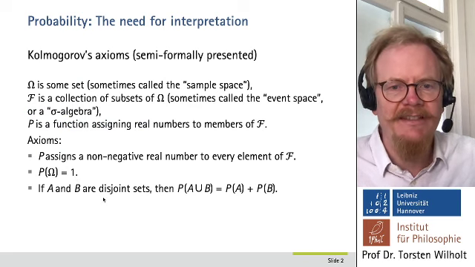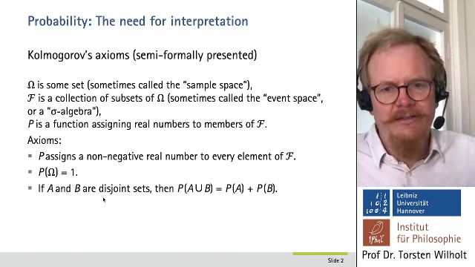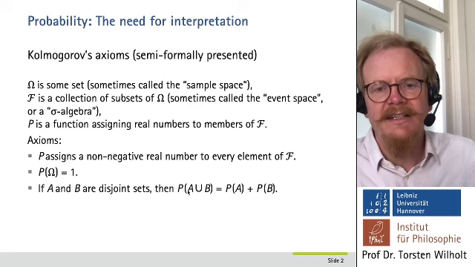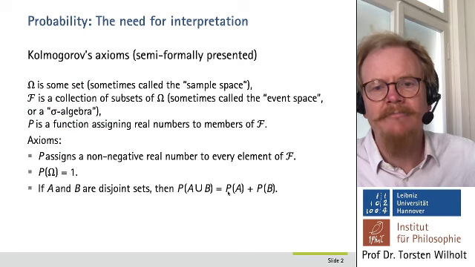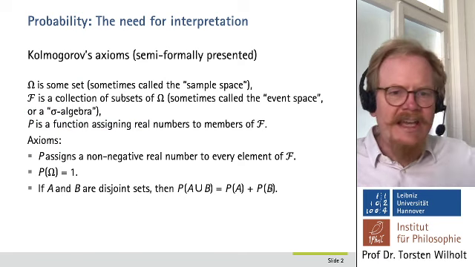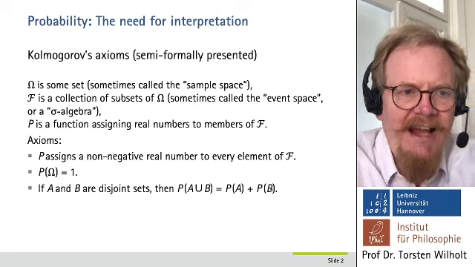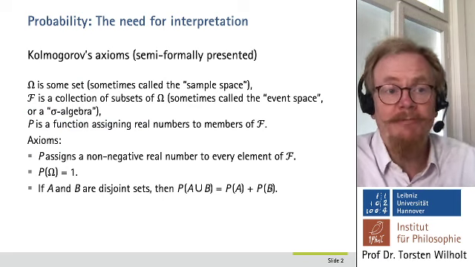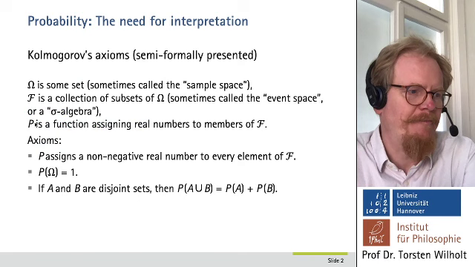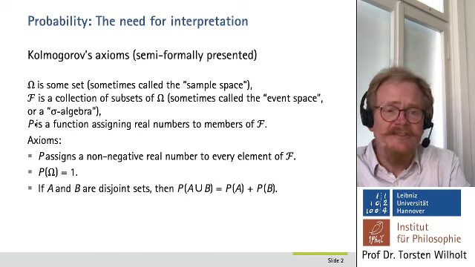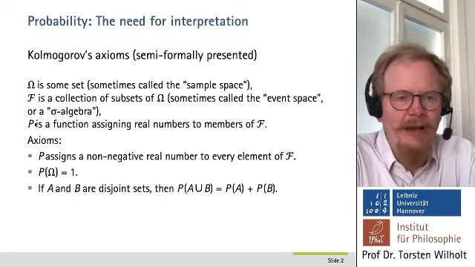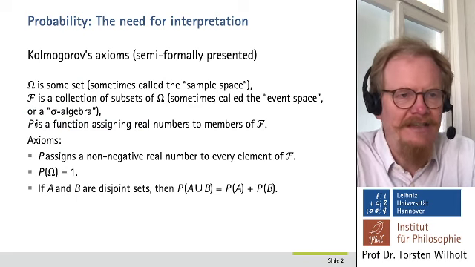And if A and B are disjoint sets, then the union of A and B, this sign means set theoretic union, is assigned the same value as the sum of the value assigned to A plus the value assigned to B. So if P fulfills these axioms, then P is called a probability function, and omega, F and P together are called a probability space. As Kolmogorov showed, given suitable definitions, everything we said in last week's lecture about probability is contained in these axioms.